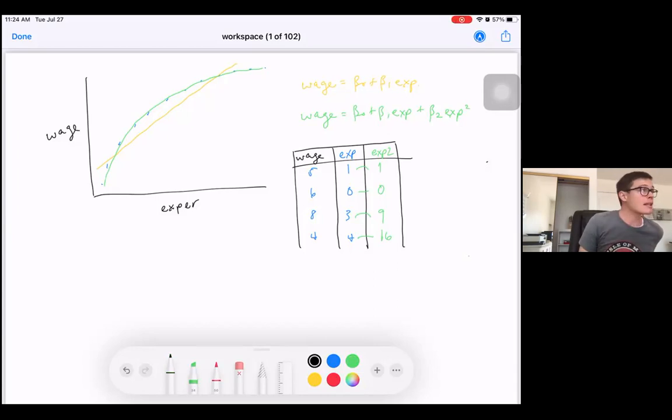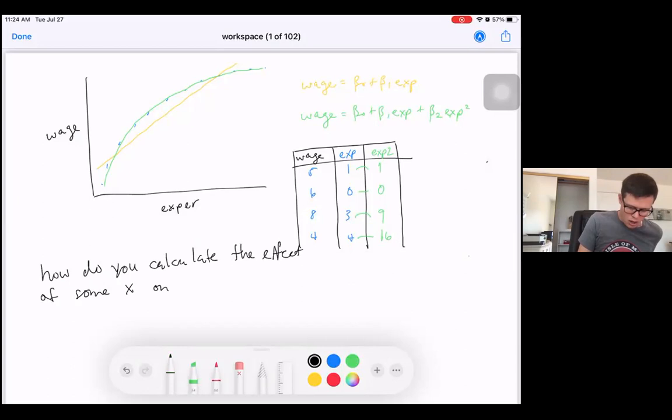So whenever I ask, how do you calculate the effect of some x on y, the answer is always take the derivative of y with respect to x.